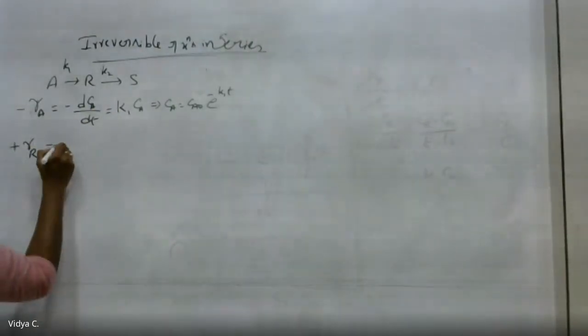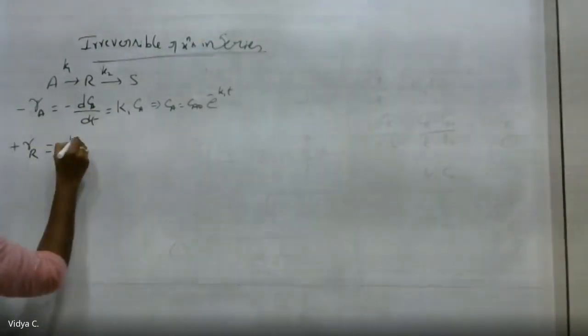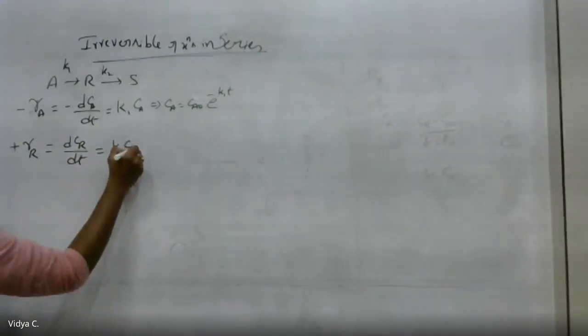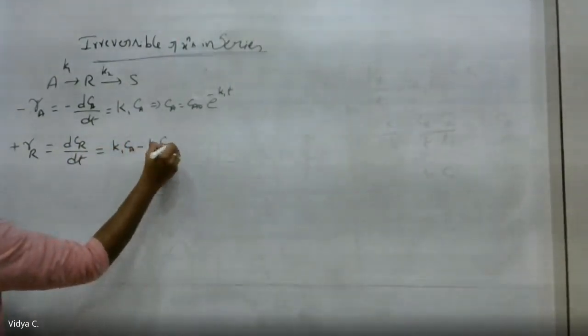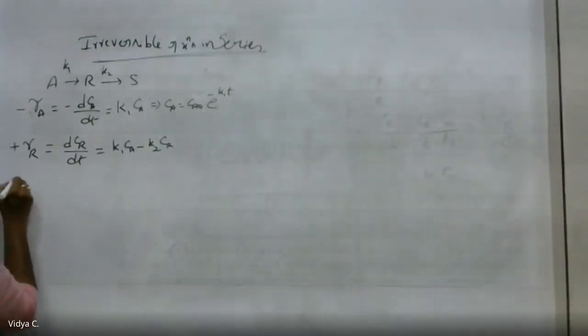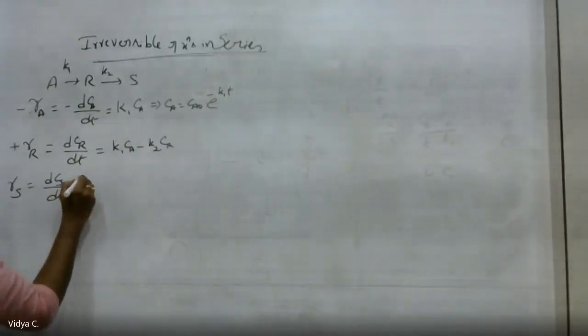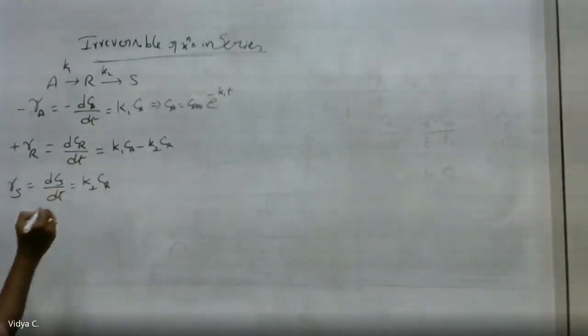Next, R by its product: dCr by dt is equal to K1 CA minus K2 CR. Similarly, I can write for S also: dCs by dt is equal to K2 CR.